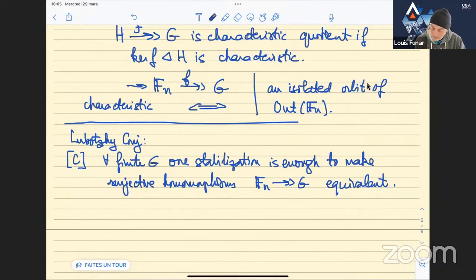In all cases we know, one stabilization is enough. And in the case of surfaces, we don't know any example with n bigger than 1 either.